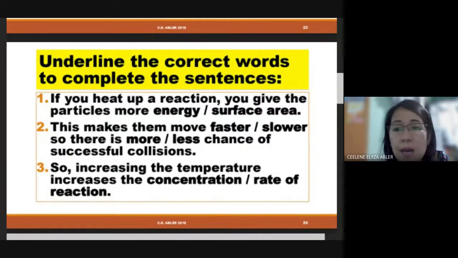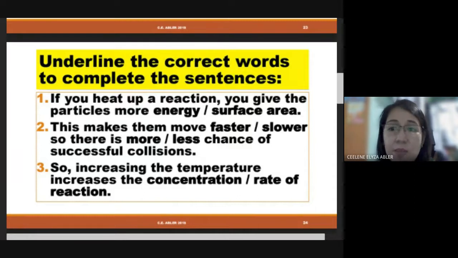May napansin kayo dyan na graph regarding enzymes. So enzymes are actually compounds that rely on temperature. Kaya we have the optimal body temperature. We actually have a range of body temperature from 36.5 to 37 degrees Celsius. So that's about our body temperature. And it is optimal for the function of your biological enzymes.